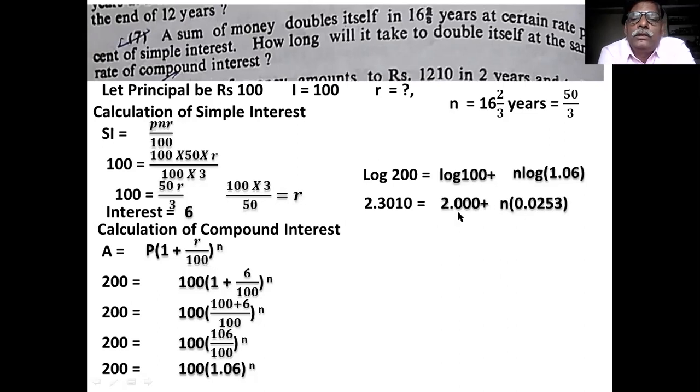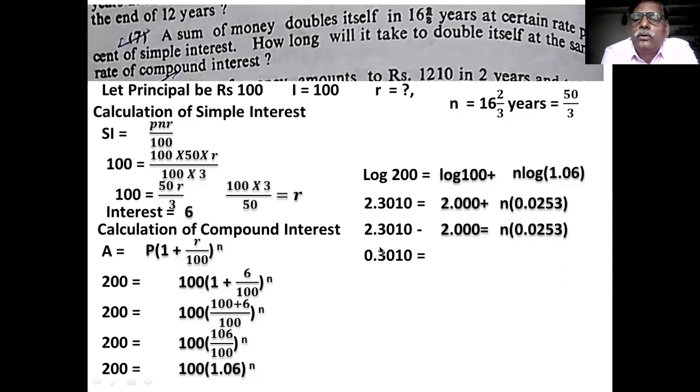Then if you take the left-hand side, the next step is 2.3010 minus 2.00 on this side, equals N log 0.0253.